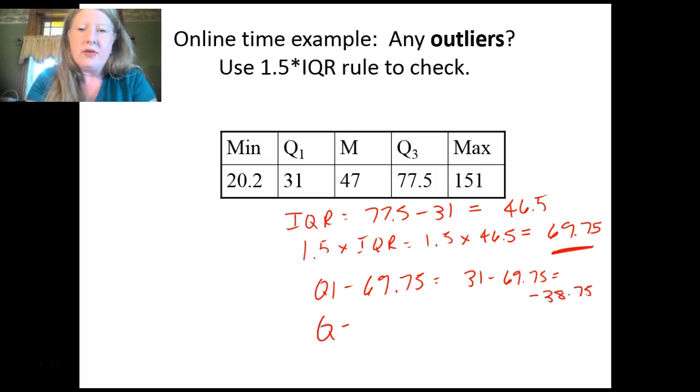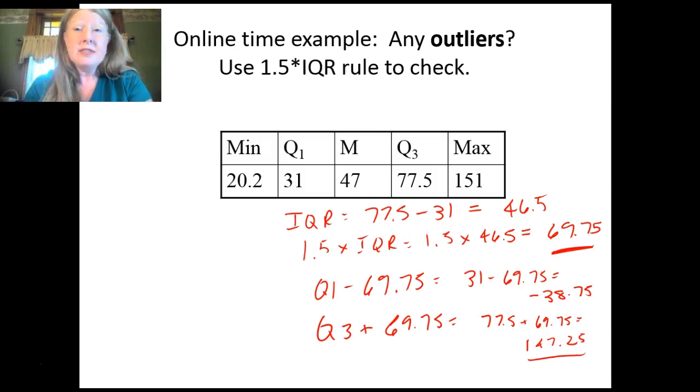And then quartile 3 plus 69.75 is going to equal 147.25. Obviously we have nothing less than negative 38.75, and since we're looking at time, we couldn't have a negative value. So we have no low outliers.